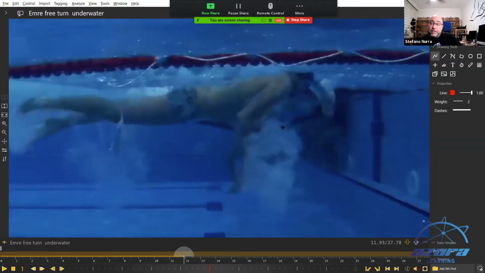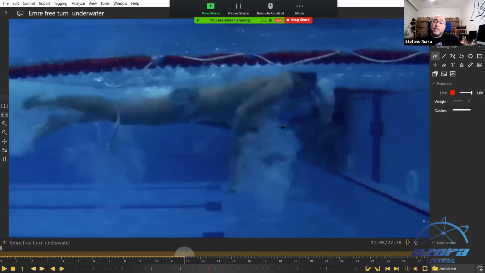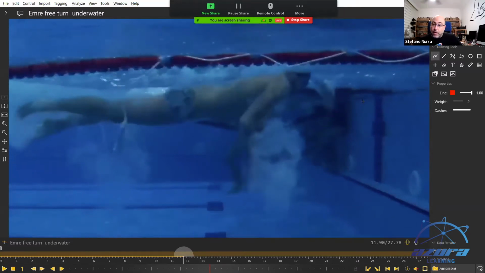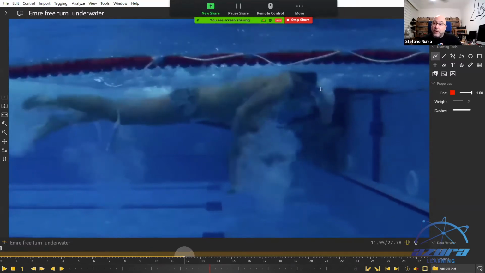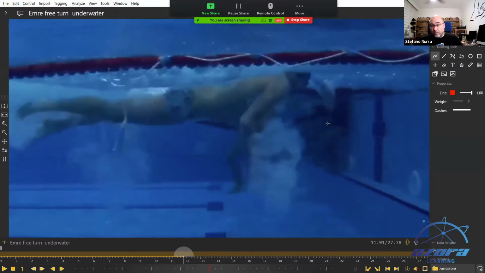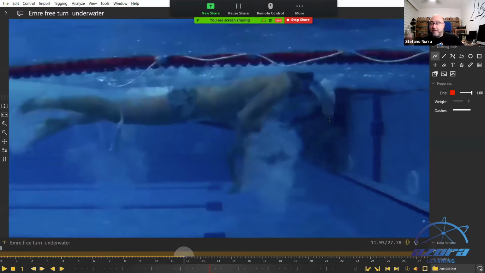The higher the speed, the more I need to anticipate the rotation. I'm speaking about anticipating compared to the arm position. So for a sprinter, 50 meter short course, the arm must be around this position. For 100 meter, a little bit later.